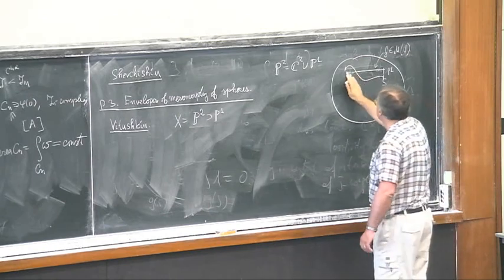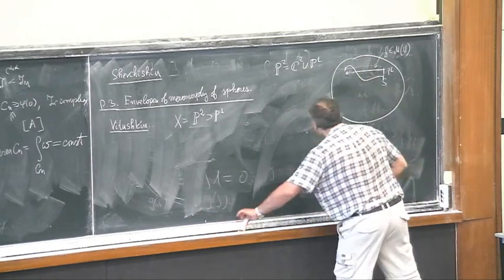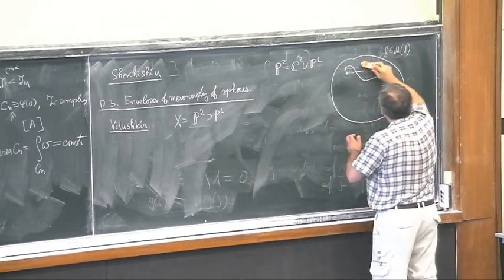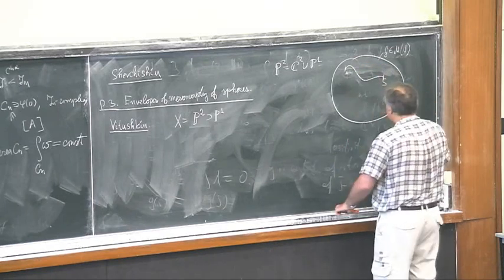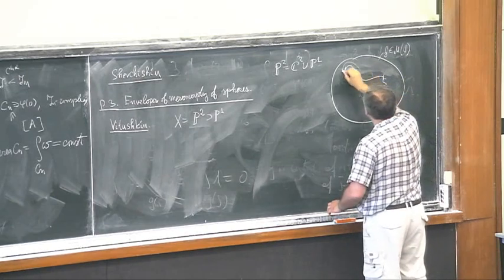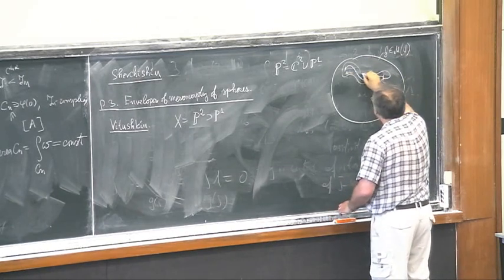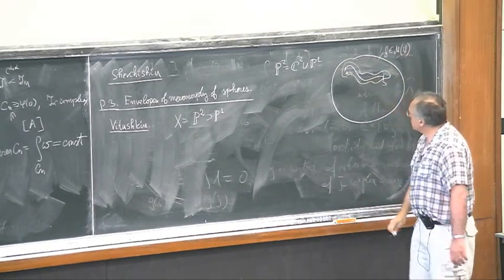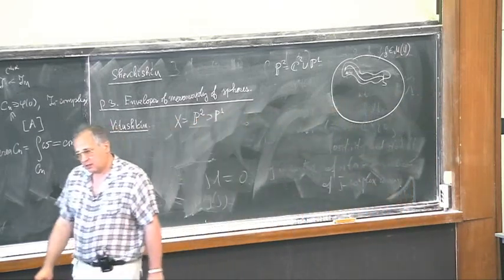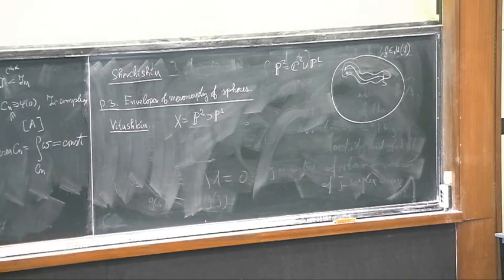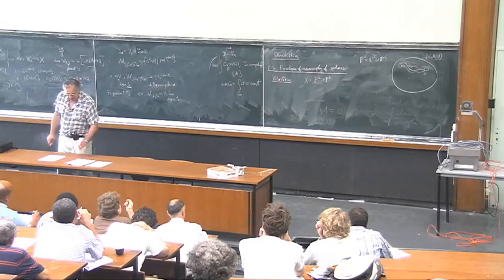And then you forget about P1, and you take a sphere. And the question is, can you construct non-constant holomorphic functions in the neighborhood of such a sphere? If you can, it would be a counterexample to the Jacobian conjecture.